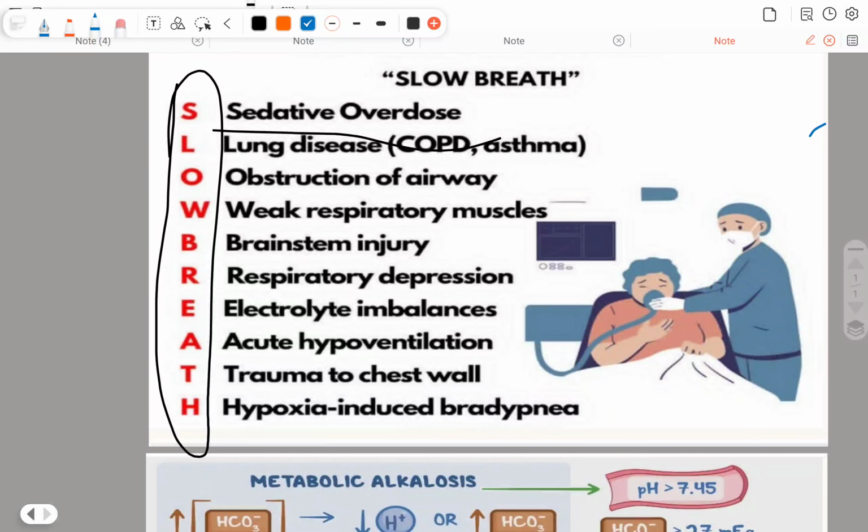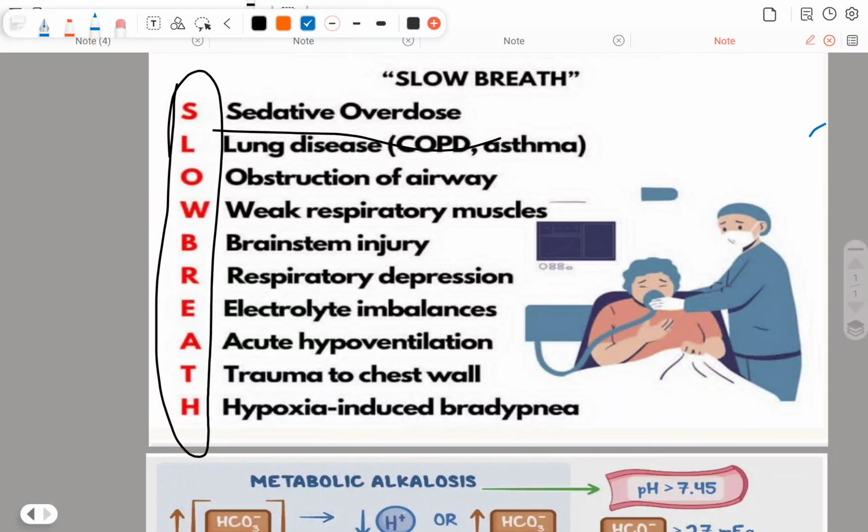Their function is decreasing the function of the nervous system. The nervous system is responsible for regulating the normal function of the lungs. As a result of the sedative overdose, the normal function and the normal rate of the respiratory system will be damaged. As a result, respiratory acidosis may occur.